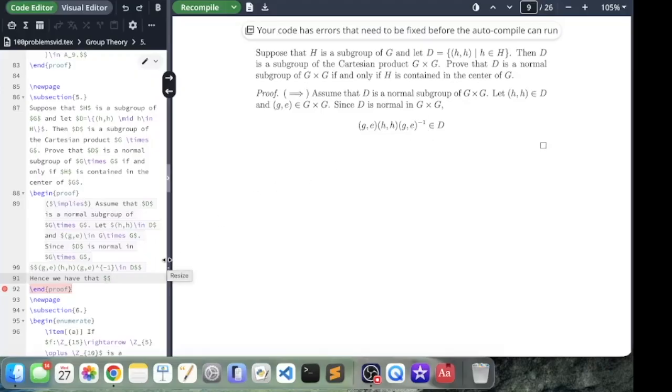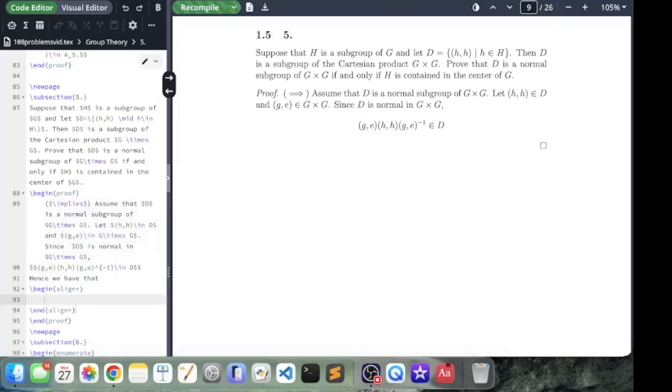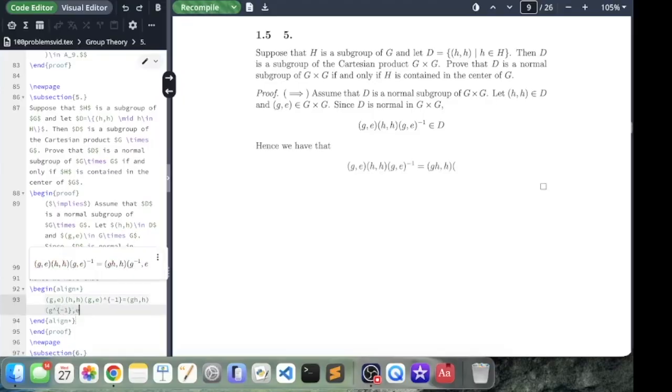Hence, maybe I'll just write this out. This isn't terrible to type up real quick. Quickly, we'll begin a line star, and we'll say that this is equal to the first multiplication that I just said, and I'll do that out as well. The inverse of the identity is just the identity.